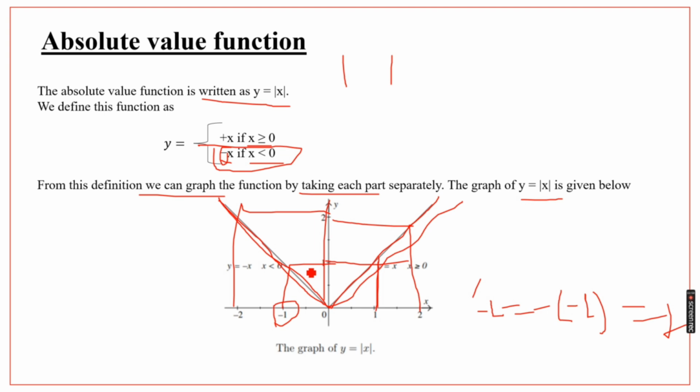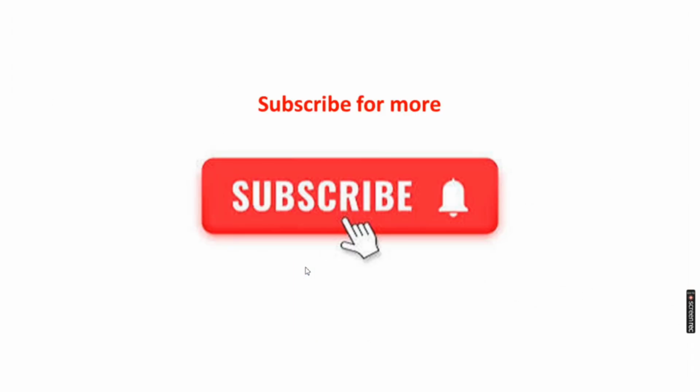As you can see, if the value of x is less than 0, the function y will be negative x, which means x times a negative. So our output will be what? It is positive.